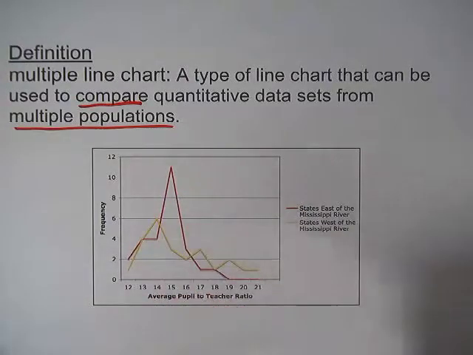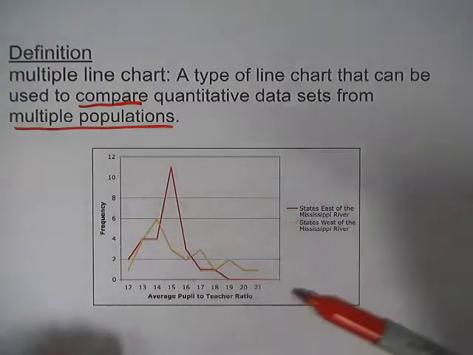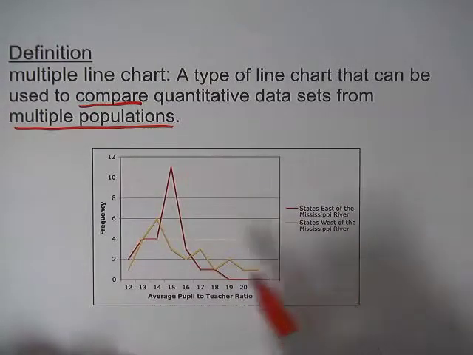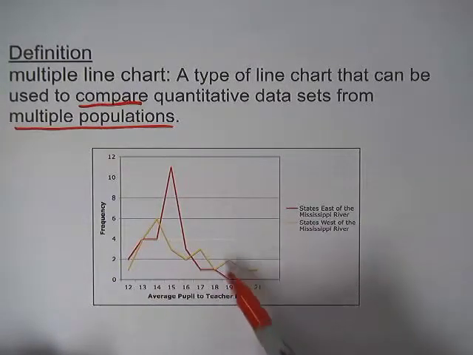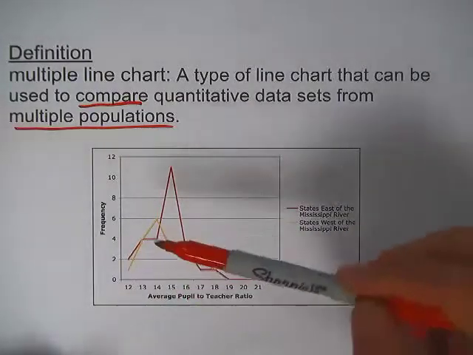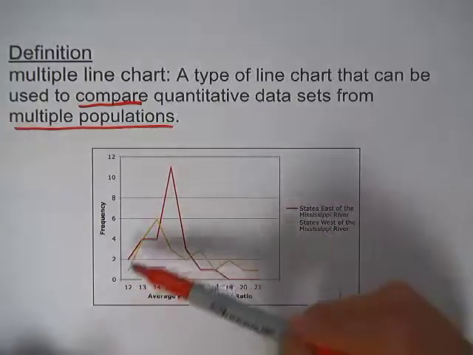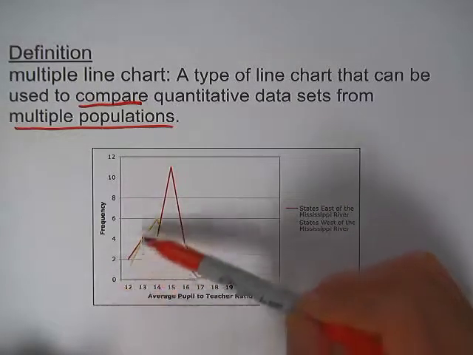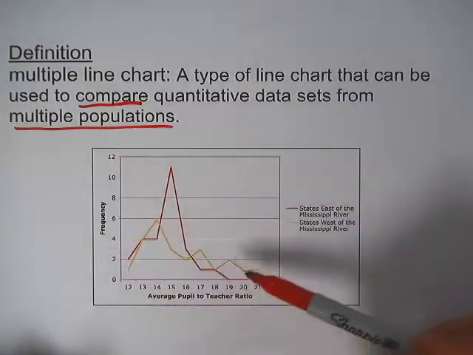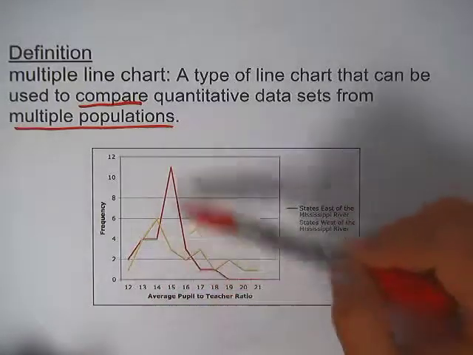A couple of interesting things you can get from this: first of all, there's a few states in the west with a much higher pupil to teacher ratio than any state in the east. We can see certainly that the yellow line, the states to the west, don't seem to have this extreme peak to it.